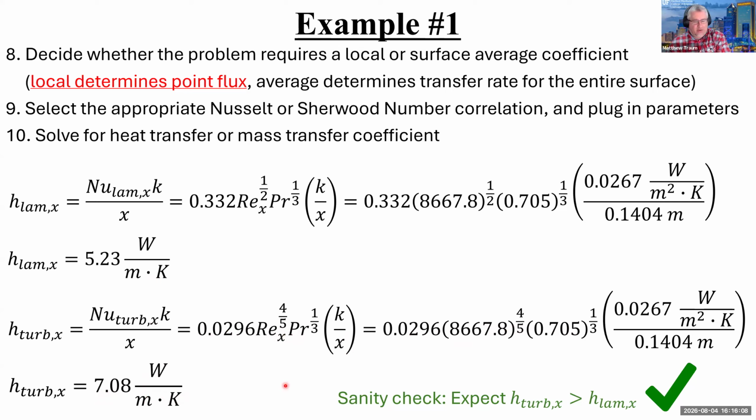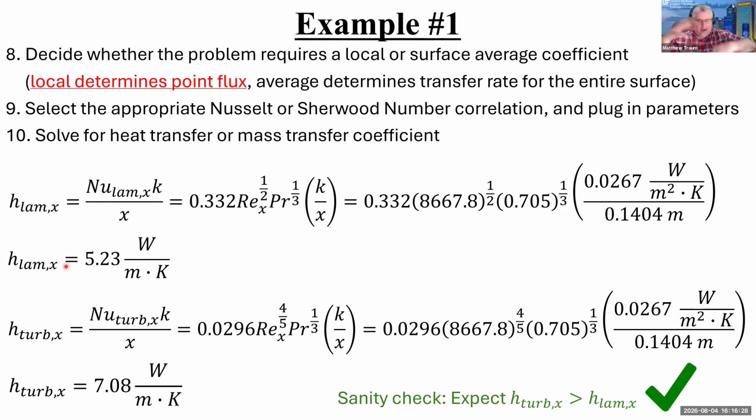At this point, I can do a sanity check, right? Always good to build a sanity check into all of your solutions so that you can just make sure that you're on the right track. You're not spending a ton of time and effort solving a problem where you've already messed up on a previous step. We expect the turbulent convective coefficient to exceed the laminar coefficient, right?